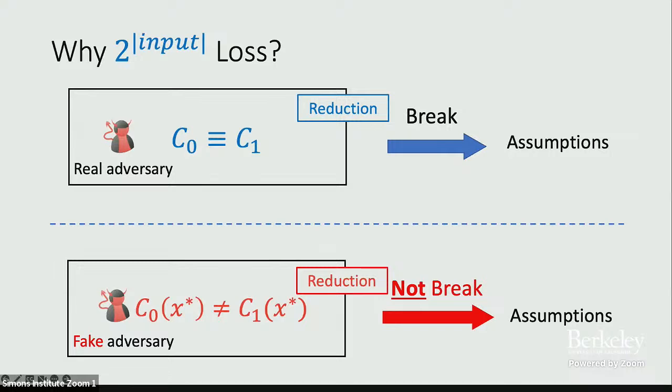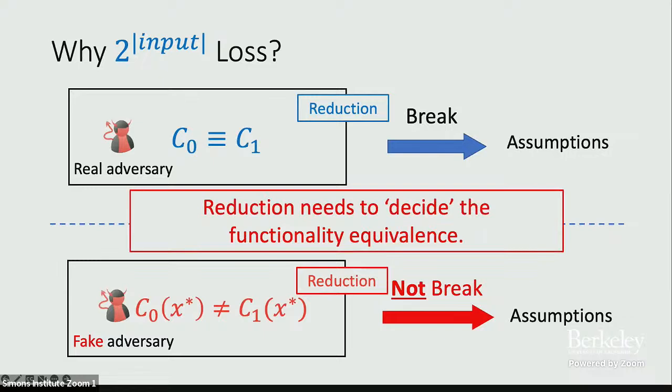So in this case, the reduction algorithm shouldn't work. Now, this argument seems to suggest that the reduction algorithm must know whether the functionality equivalence of C0 and C1 holds. So intuitively, that's why this reduction algorithm needs to run in 2 to the input length time.